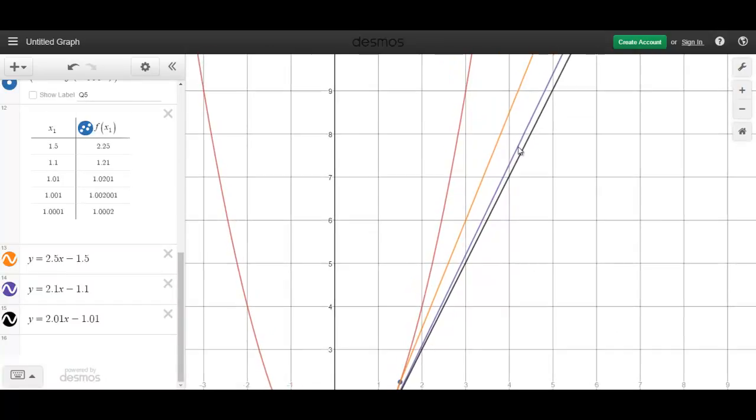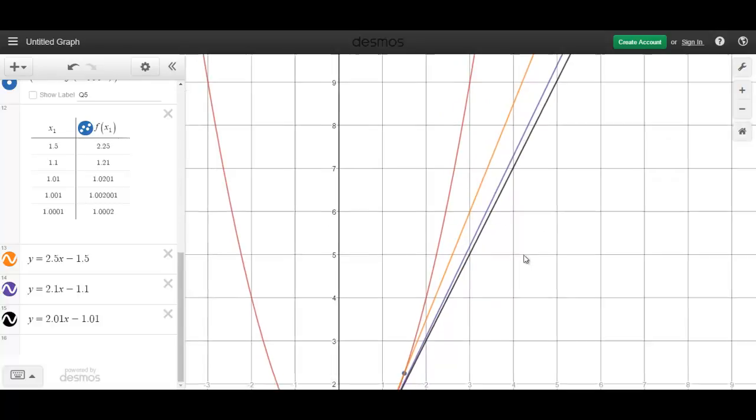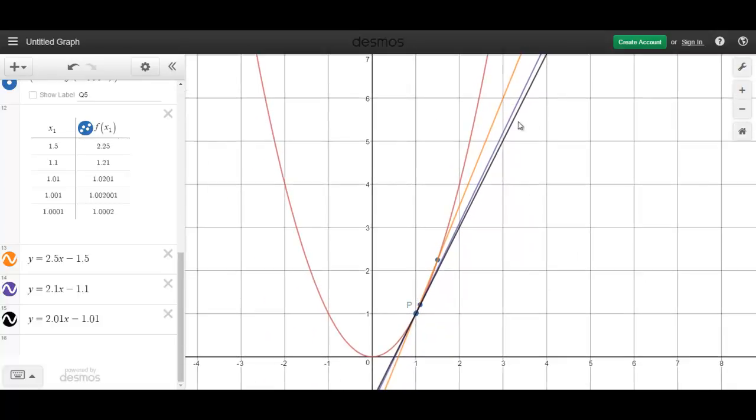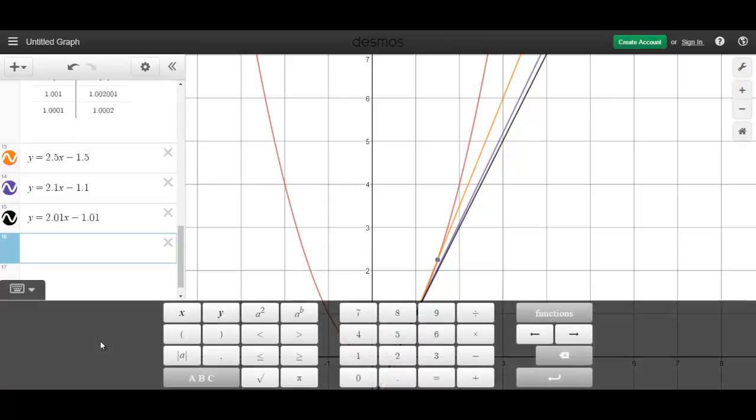So the orange, purple, black, getting better and better approximations. The slopes of these secant lines are getting better and better approximations to the slope of the curve at point P. So it appears the trend here is that the slope of this curve at the point x equals 1 is going to be 2, it looks like to me, because we're getting 2.5, 2.1, 2.01.